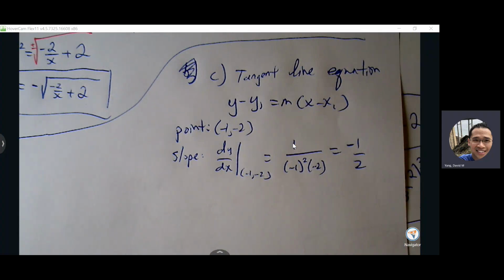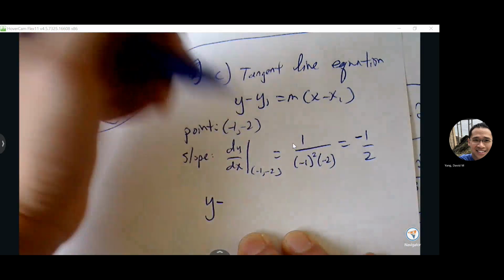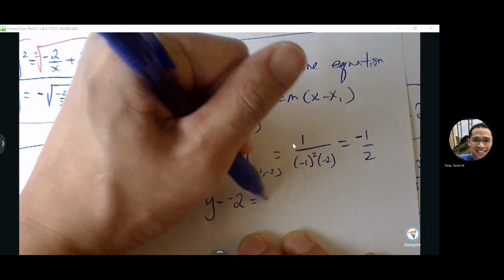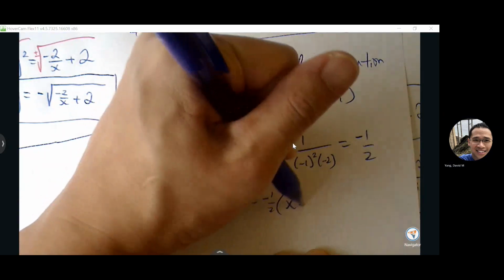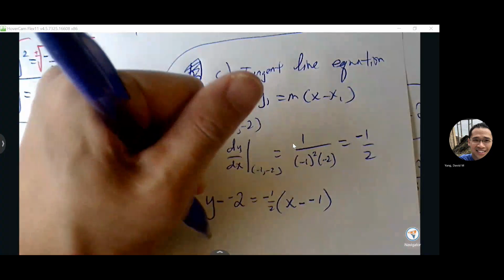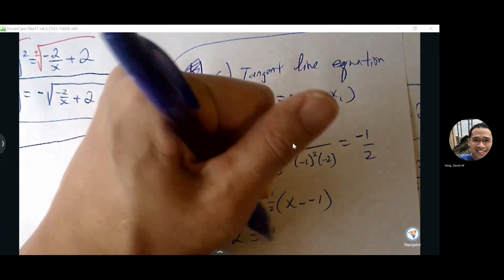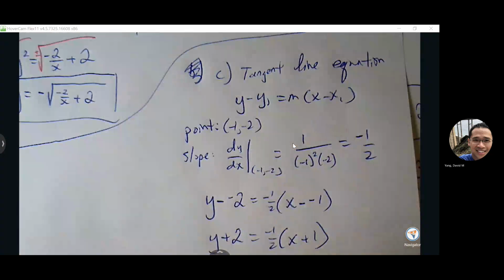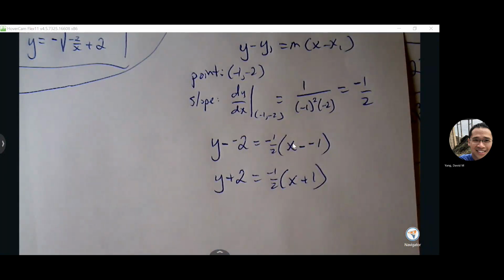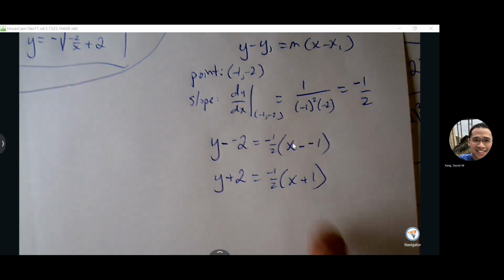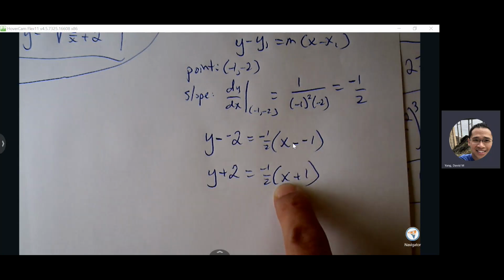Ordered pair, slope, point slope form. And how do we do the last part? Last part says use it to approximate y of negative 1.1. So negative 1.1 in for x, yep.